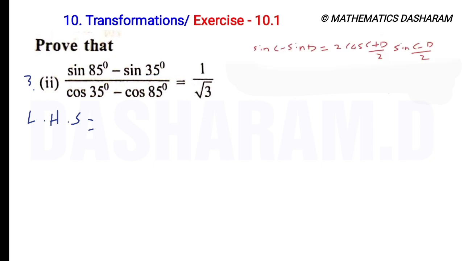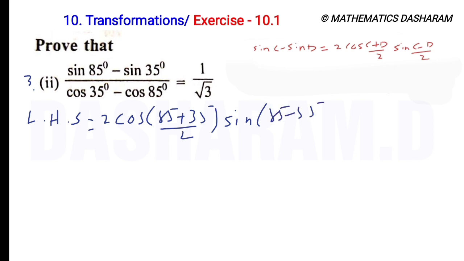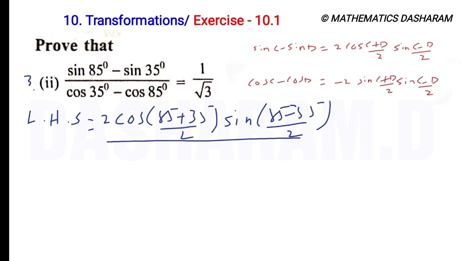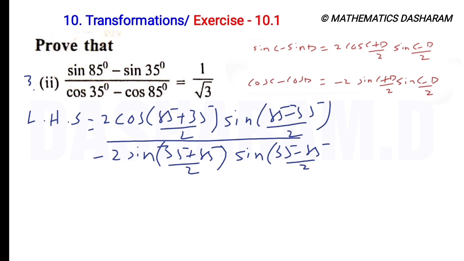So what is the sin C minus sin D formula? 2 cos C plus D by 2 into sin C minus D by 2, so 2 cos 85 plus 35 by 2 into sin 85 minus 35 by 2, divided by cos 35 minus cos 85, meaning the cos C minus cos D formula equals minus 2 sin C plus D by 2 into sin C minus D by 2, so 35 plus 85 by 2 into sin 35 minus 85 by 2.